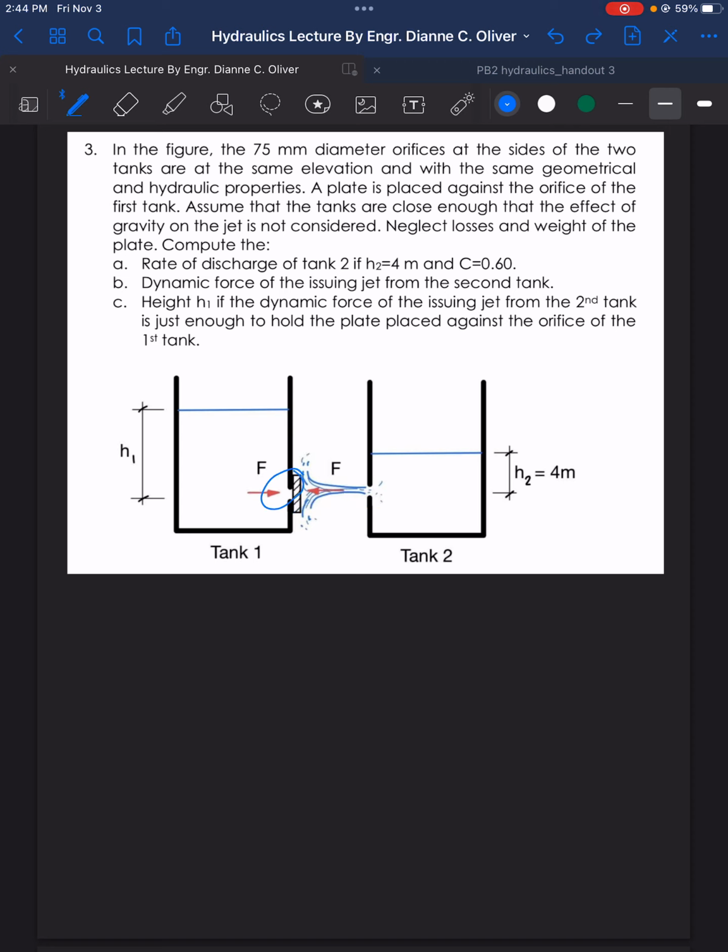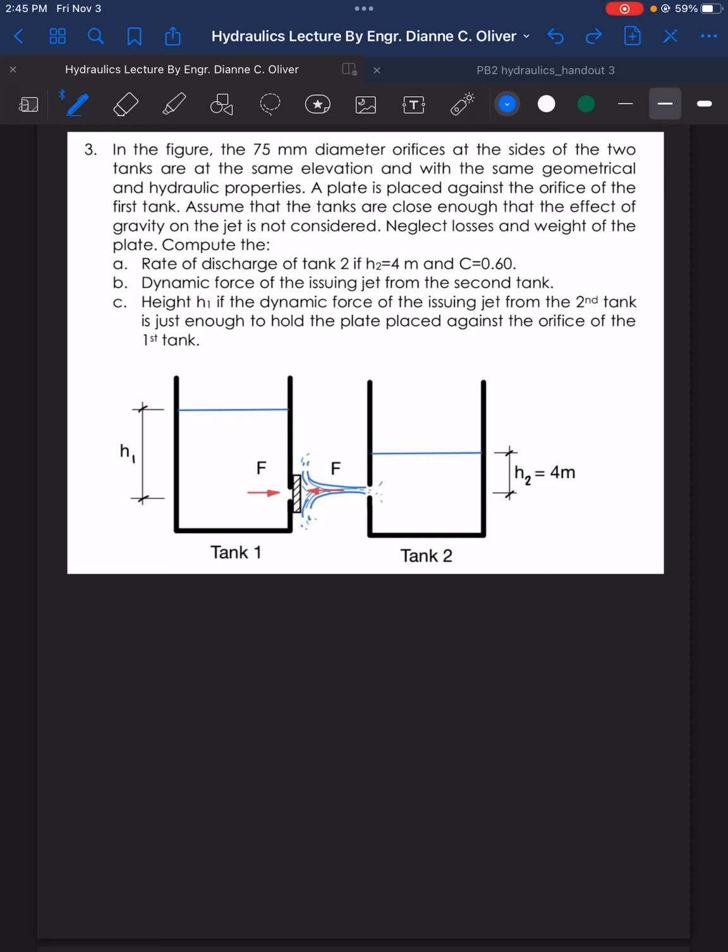A plate is placed against the orifice of the first tank, so this plate here. Assume that the tanks are close enough that the effect of gravity on the jet is not considered. Neglect losses and weight of the plate.